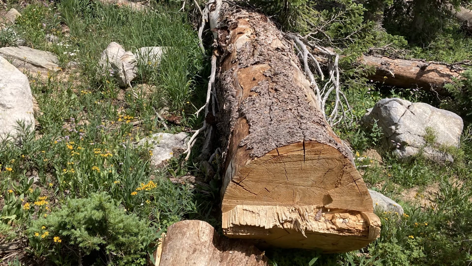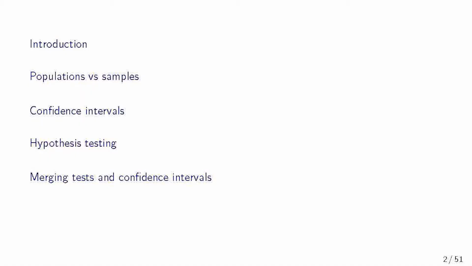There exists a true parameter for that as well, but we're going to have to settle for sample statistics. So let's get to it. We'll have a little more introduction to these ideas, and we'll talk about populations versus samples, confidence intervals, hypothesis testing, and merging tests and confidence intervals.